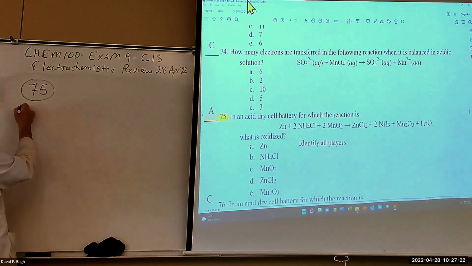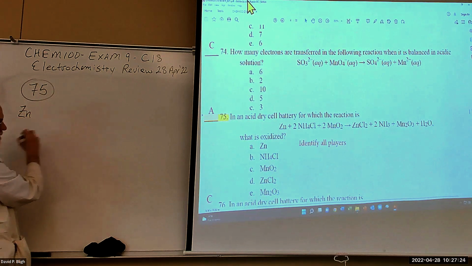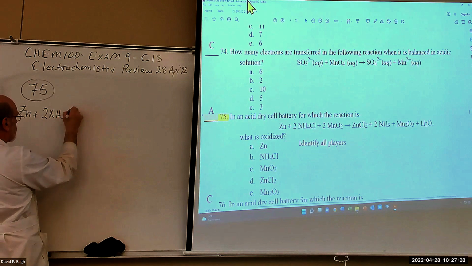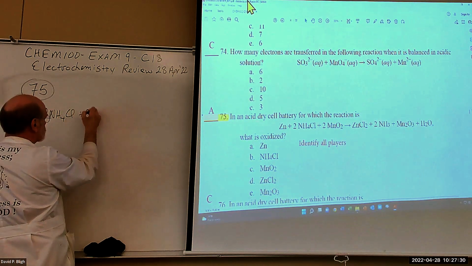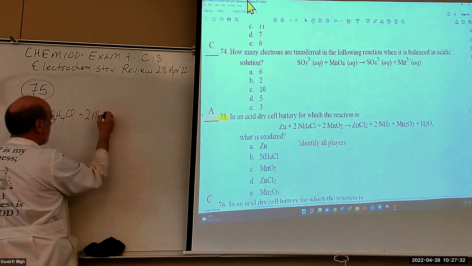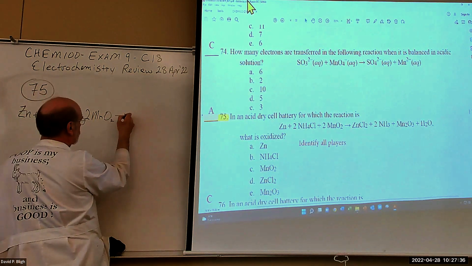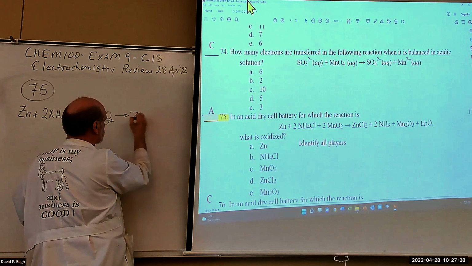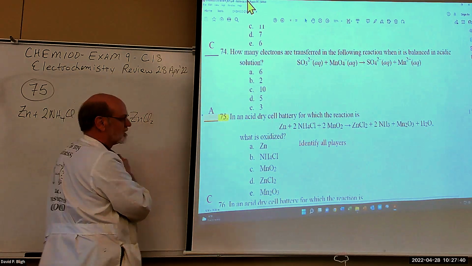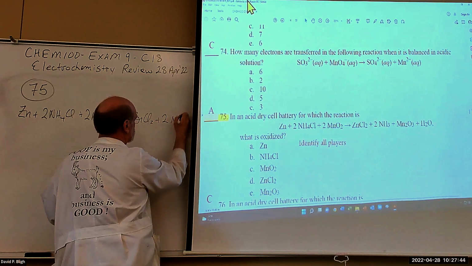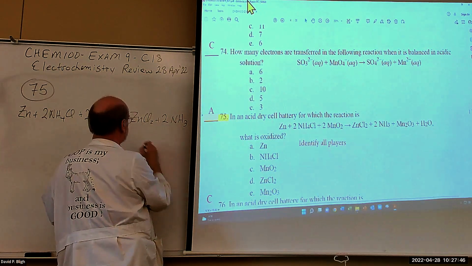Okay, so let's write this one out. Zinc plus 2 ammonium chloride plus 2 manganese 4 oxide. Then we have zinc chloride, and we have 2 ammonias, and we run out of room.